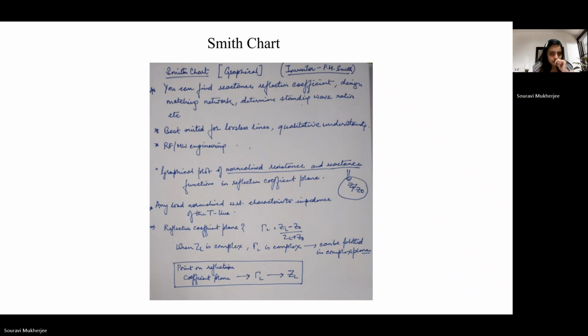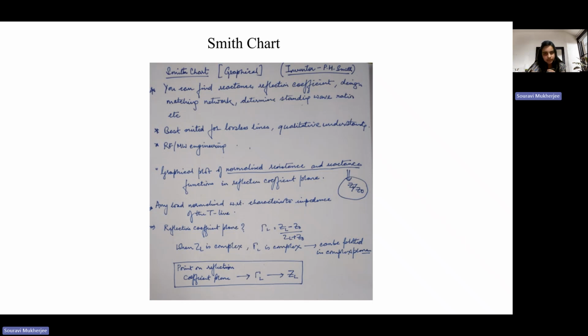So here, this is a graphical plot where all the resistances and reactances will be normalized to the characteristic impedance of your transmission line, and then plotted in the reflection coefficient plane.